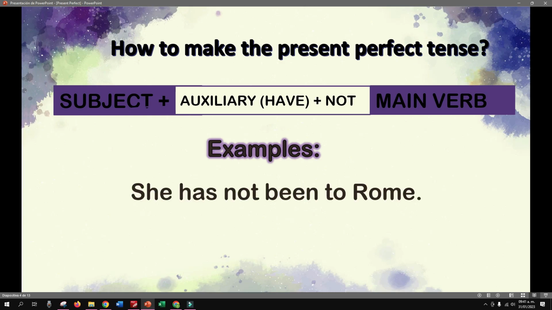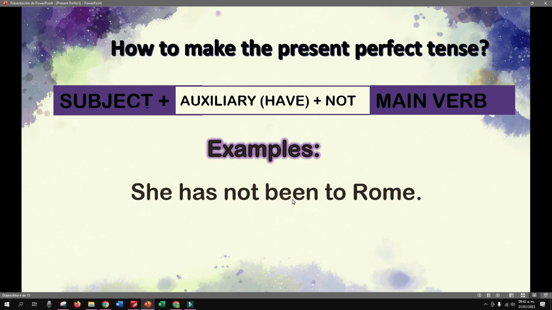For example, she has not been to Rome. Remember that here you can have has plus not. She is the subject, has, because you're talking about third person singular, then the word not. She has not been to Rome, right?